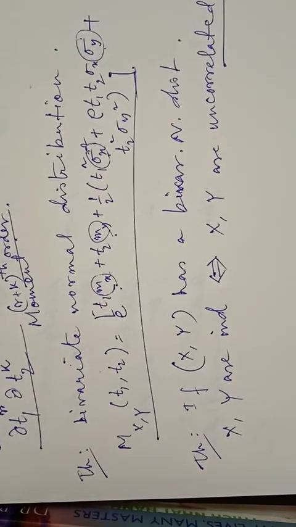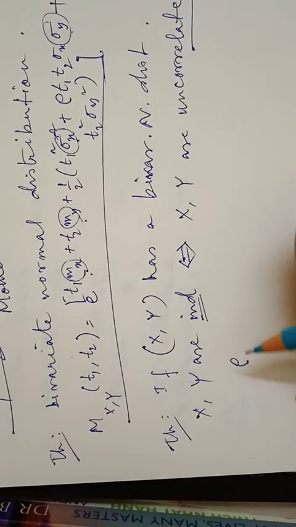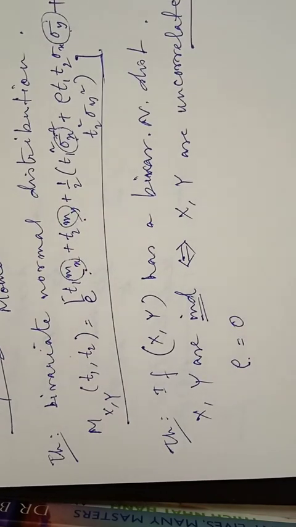We learned about uncorrelated random variables. Two random variables are said to be uncorrelated if the covariance equals 0. In the last class we also learnt a theorem: if two random variables are independent, then the correlation coefficient rho is also equal to 0. But the converse is not true.